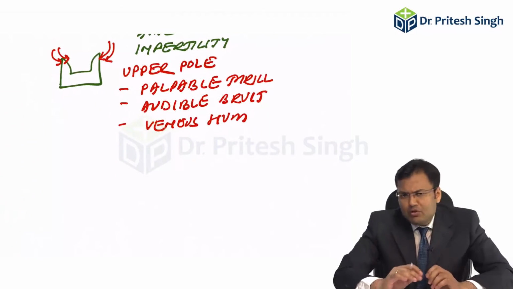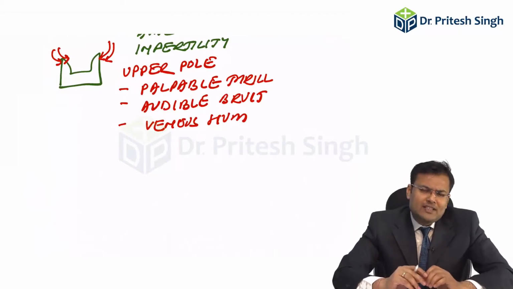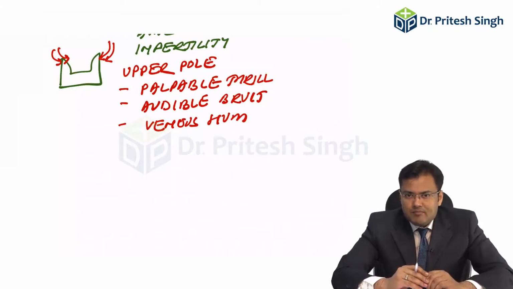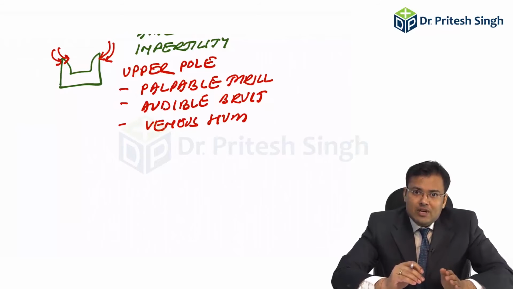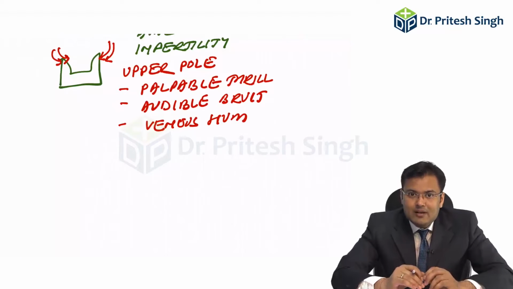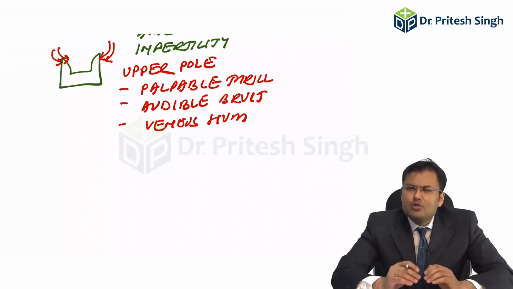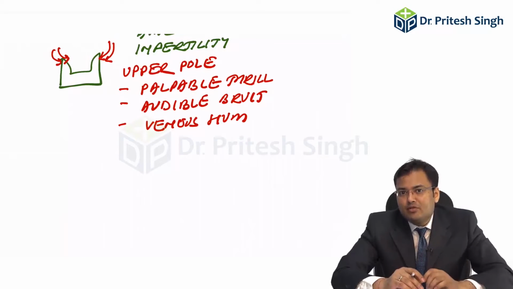One simple thing I want to tell you, in most of the thyroid swellings, investigation of choice for diagnosis is FNAC. I told you 3 limitations. 1. FNAC cannot differentiate follicular adenoma from follicular carcinoma. Second, Hashimoto's thyroiditis. And third, thyroid lymphoma. So usually in most of thyroid swelling, investigation of choice is FNAC.